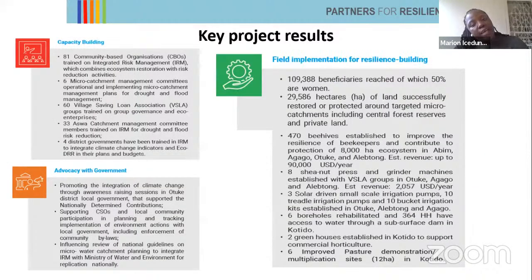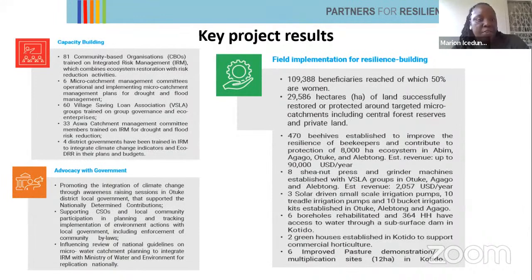Looking at our results, as Uganda, we'll also share our results in 3 key areas. The first key area is capacity building. This was targeting to build capacity in integrated risk management, ecosystem management and restoration, and climate change adaptation.